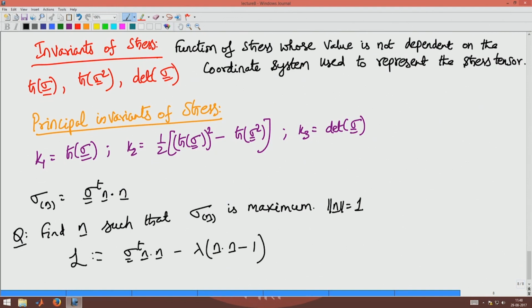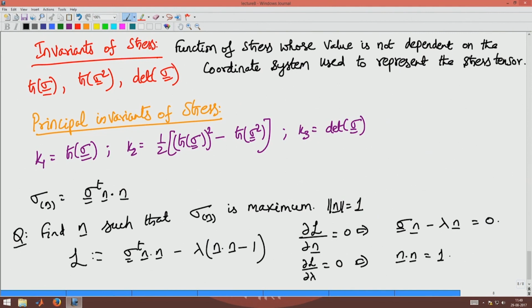To maximize, you differentiate L with respect to n and set it to 0. I am not going to derive this equation, but I will give the final result. This will be sigma n minus lambda n equal to 0, and dou L by dou lambda equal to 0 would imply that n dotted with n must be equal to 1.